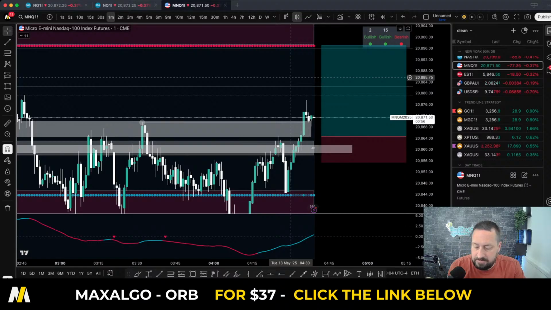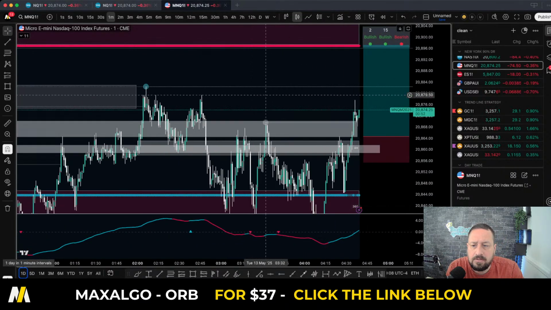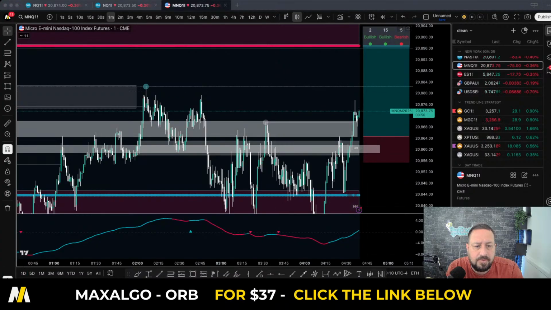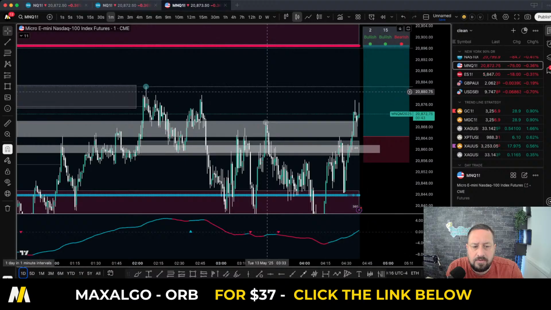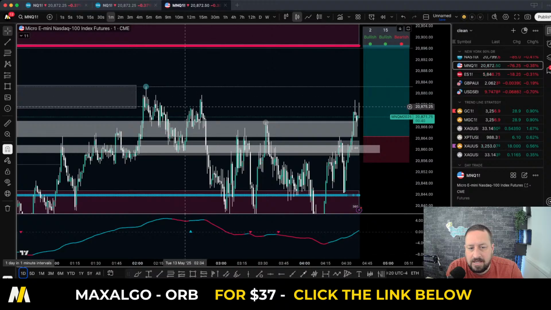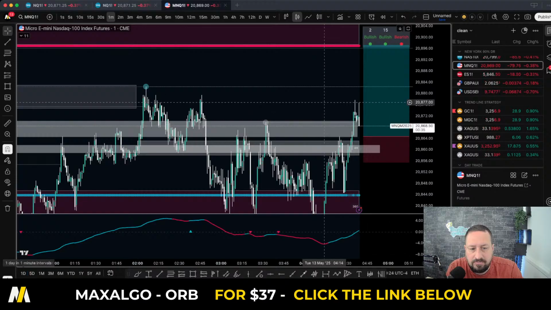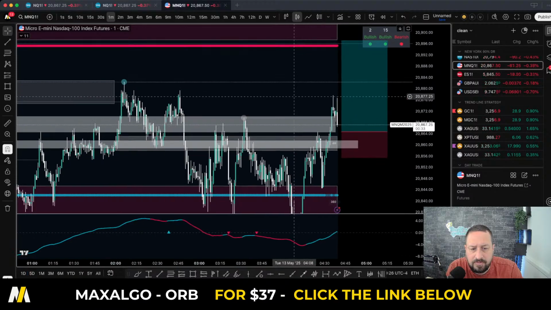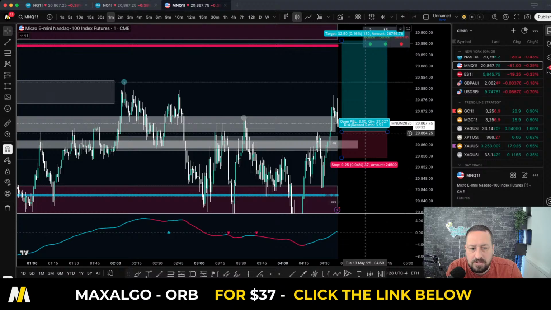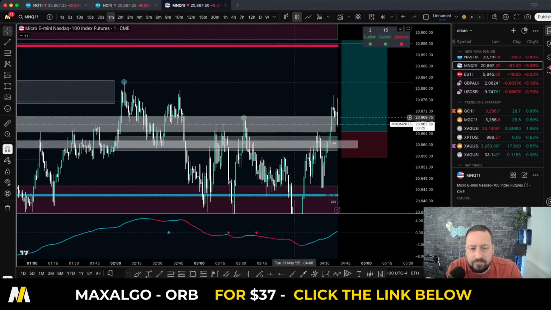And then I'm going to take some off here where we've struggled with. So we can see obviously we're back into that previous alpha box, that previous area where we've been rejecting. Which is why I'm at break even.